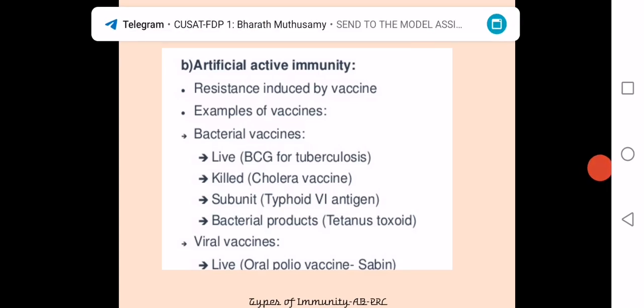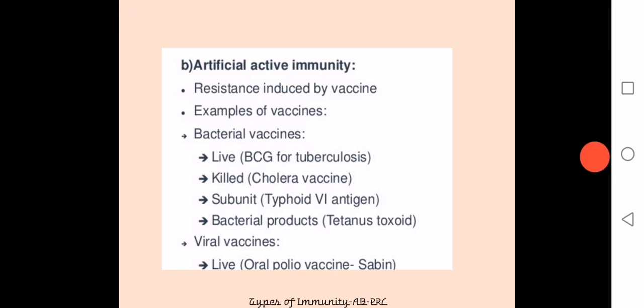They never induce a pathogenesis, but they can induce the immune system, right? So the vaccine mediated activation of the immune system comes under artificial active immunity.